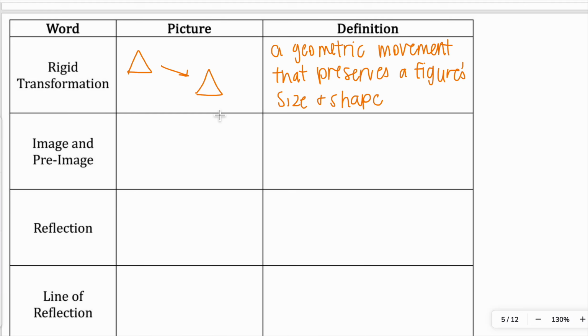The next one is called a pre-image and an image. So pre-image, and I'm going to use a reflection example here, and then the image. So starting with the pre-image, this is when you have your original figure before a transformation.